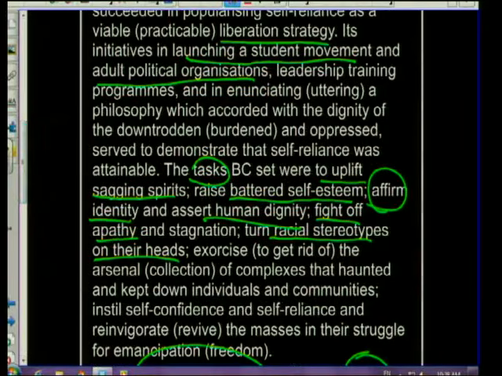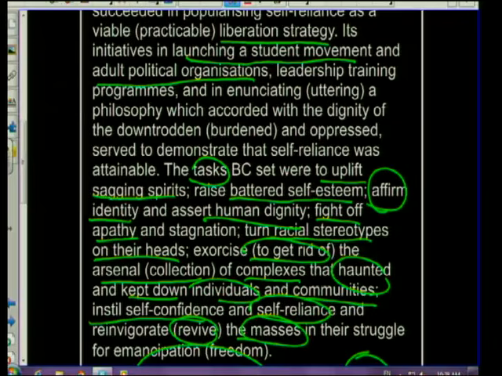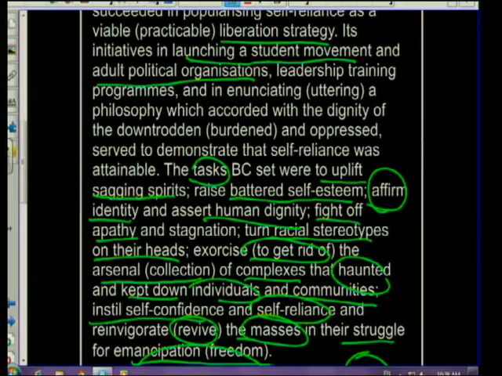off their heads. It also sought to get rid of the arsenal, the collection of complexes that haunted and kept down individuals and communities, to instill self-confidence, very important, self-reliance, also important, to revive, that's an important word, the masses, that is the masses of the black people in their struggle for freedom.